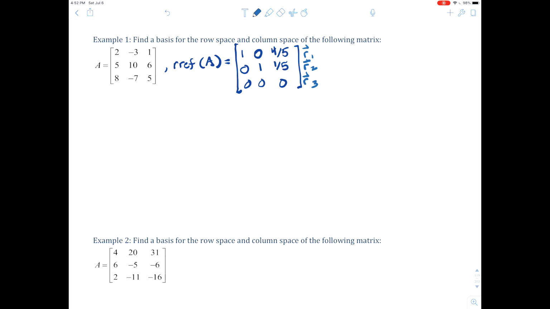So you don't use that one. We're going to use rows 1 and 2 from the reduced row echelon form of A. So here we go.